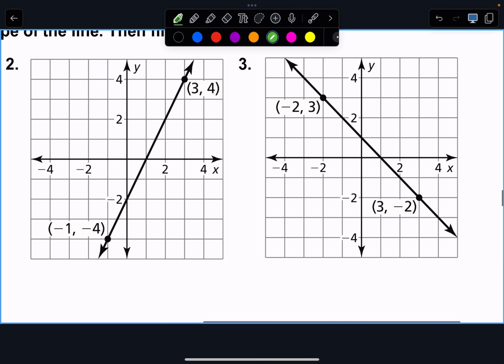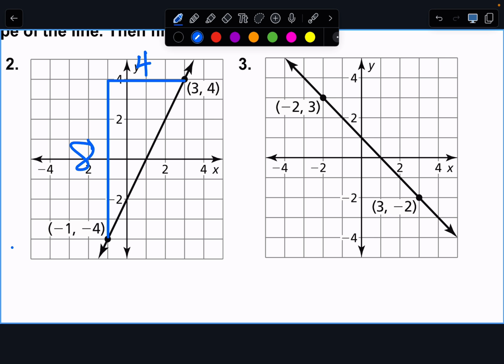Now, let's look at number 2. If we have a graph, then we can calculate rise over run. Let's count what our rise is and what our run is. Our rise is 8, and our run is 4.